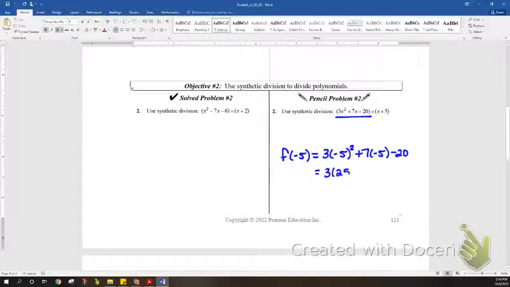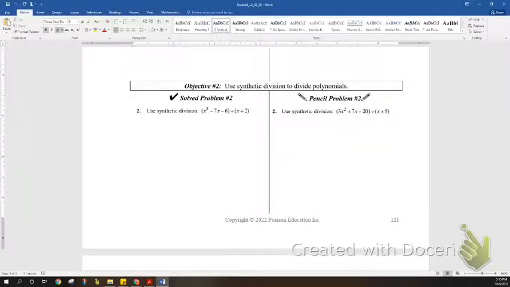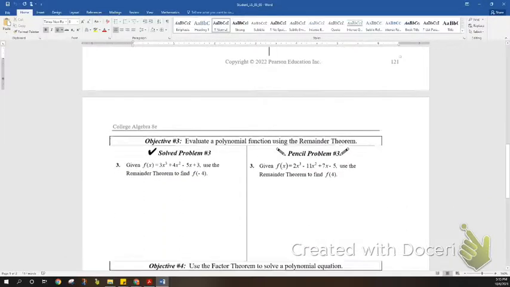So 3 times 25 minus 35 minus 20. So this is what, 75 minus, put those together, and that's 55, or -55. Subtract them, and we get 20. It's what the remainder is. This can be important when we're trying to find out, is this a 0? Is it a factor? Remember, factors divide into things evenly, so it has a remainder of 0. So it is useful sometimes.